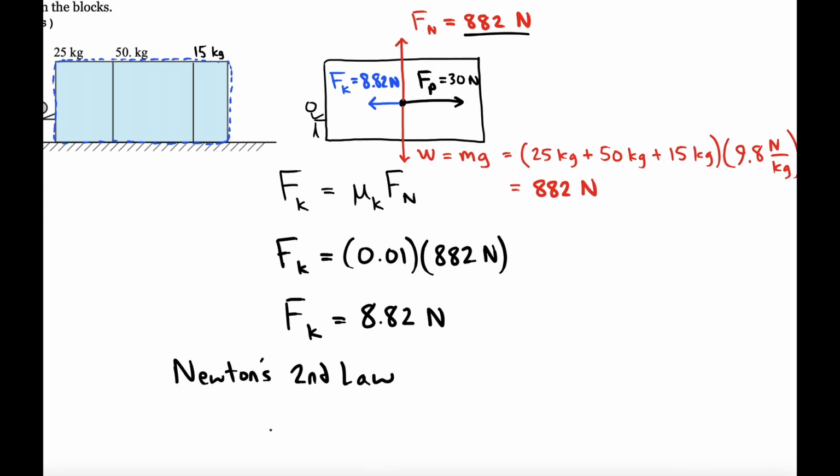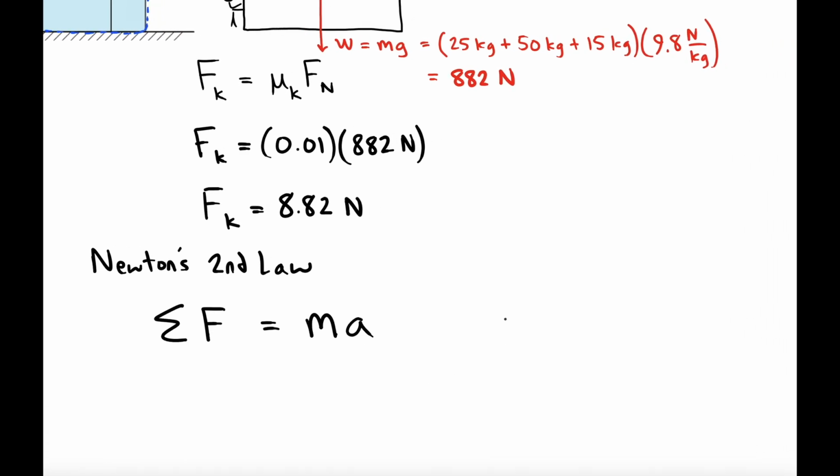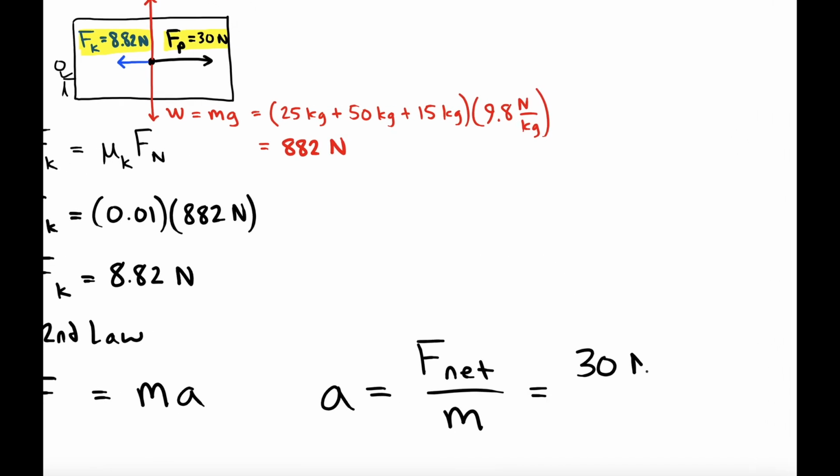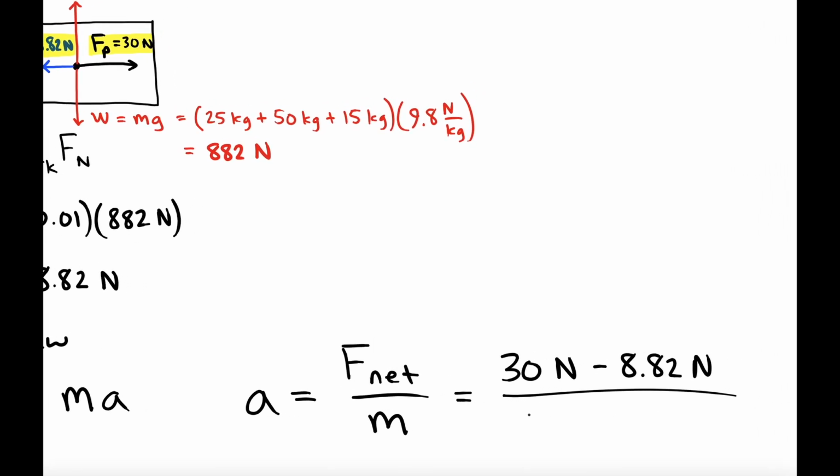Newton's second law says the sum of the forces here will equal m times a. So if we rearrange it, we'll get a equals F net over m. So our net force is going to be a combination of these two things. We'll do a subtraction, 30 minus 8.82, and then we'll divide by the total mass of the system.